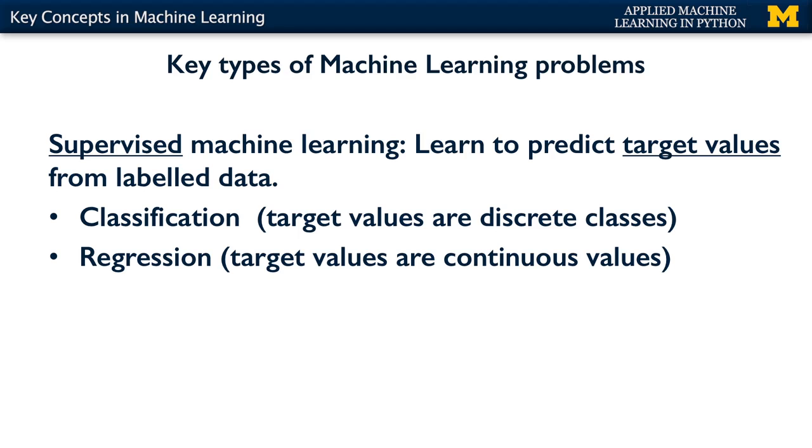So if the output is a category, a finite number of possibilities, such as a fraudulent or not fraudulent prediction for a credit card transaction, or maybe it's the English word associated with an audio signal for speech recognition, we call this a classification problem within supervised learning. And the function that we learn is called a classifier.